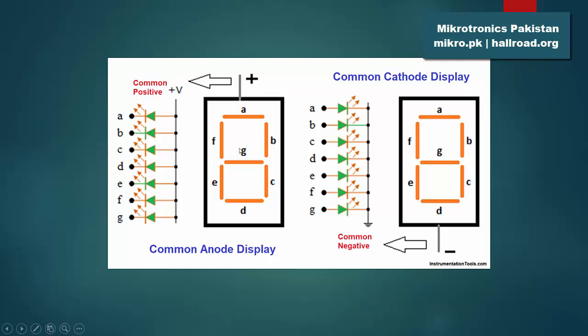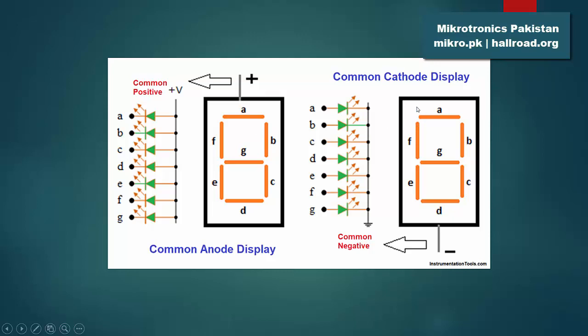So in a common anode display, all the anodes are common and they have to be connected to the positive supply rail, and all the cathodes are floating and they can be connected to your microcontroller, definitely through the current limiting resistor as we have talked earlier.